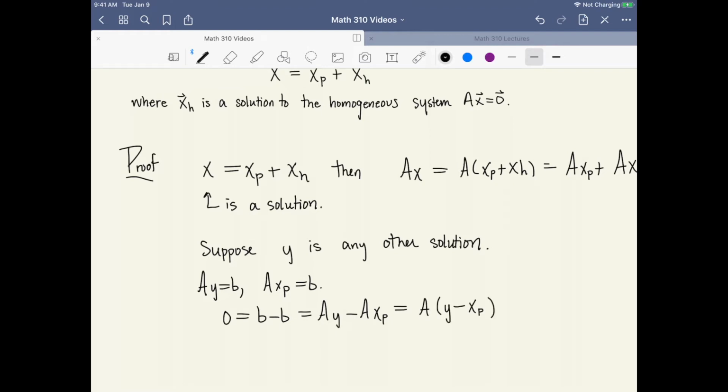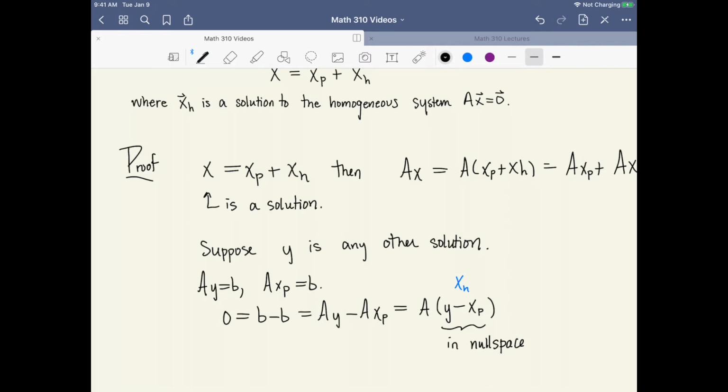But now what this tells us is that this vector y minus xp has to belong to the null space, because A times that vector equals the 0 vector. So because it's in the null space, that means it's some vector of the form xh. So we may as well call this vector right here xh.